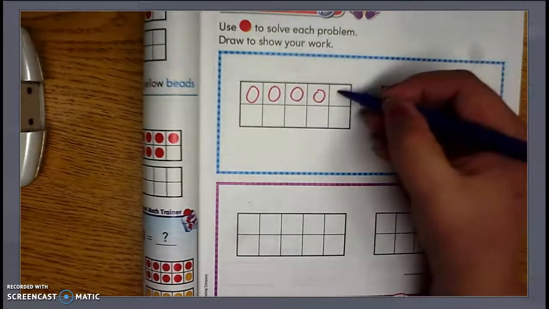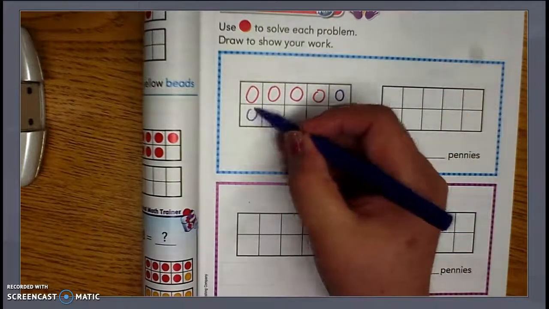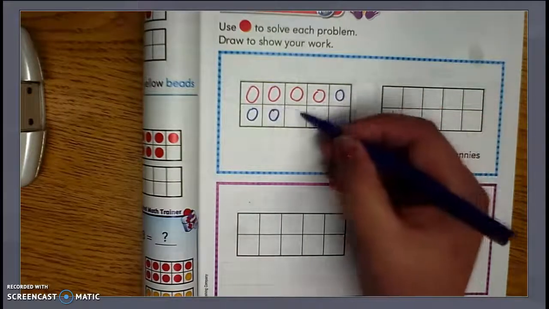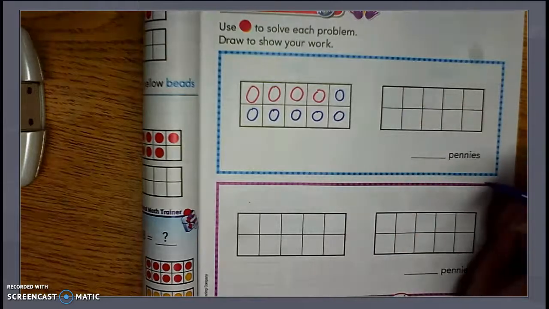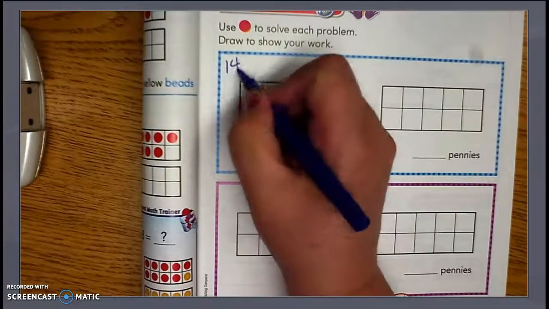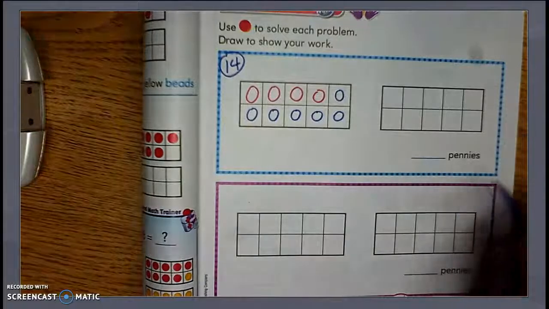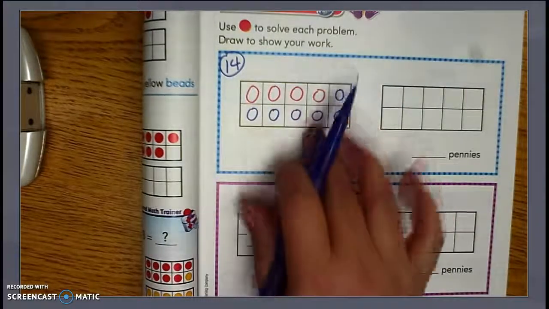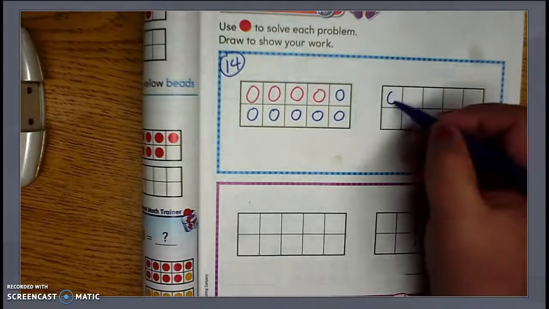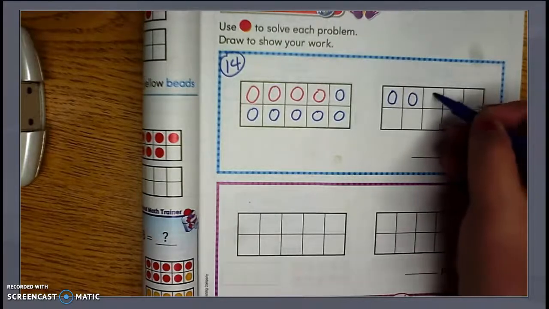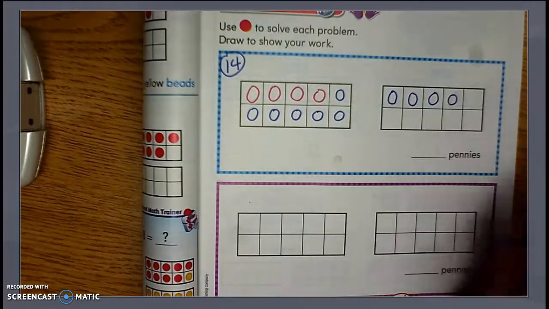So I have 4, 5, 6, 7, 8, 9, 10. But we need to get to 14, right? Because he had 14 pennies. So I already have 10. Here's my 10 frame. And how many more to get to 14? I need 1, 2, 3, 4 more.